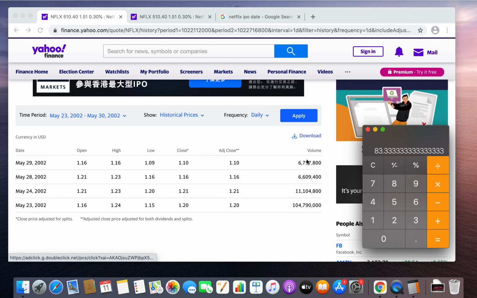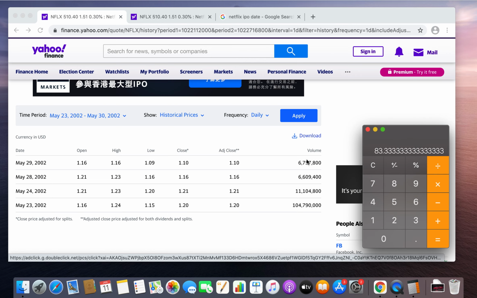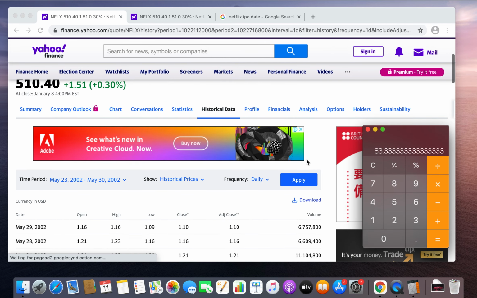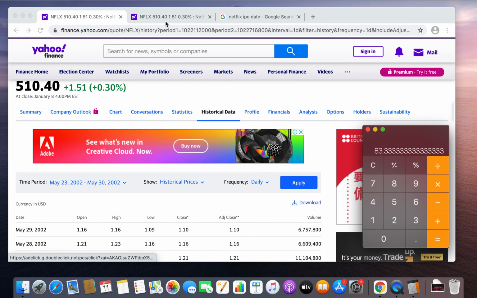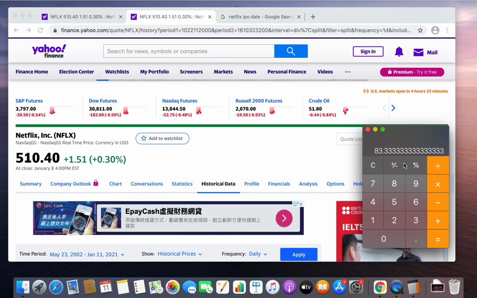And then to calculate how much these 83.33 Netflix shares would have been worth, you go back to the current price, the latest closing price. The latest closing price is $510.40. So you multiply these 83.33 shares by $510.40.